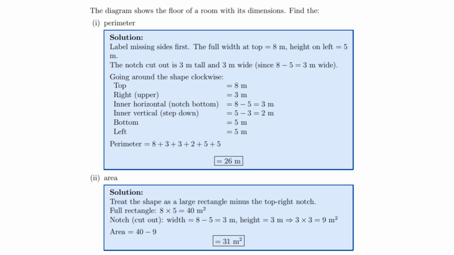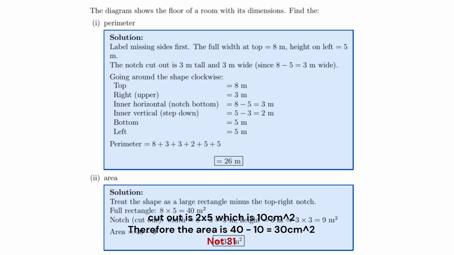The full rectangle is 8 by 5, which is 40 square meters. And the cut out of the top right notch is 8 minus 5, which is 3 meters. So 3 meters times the height, which is also 3, gives us 9. So area is equal to 40 minus 9.